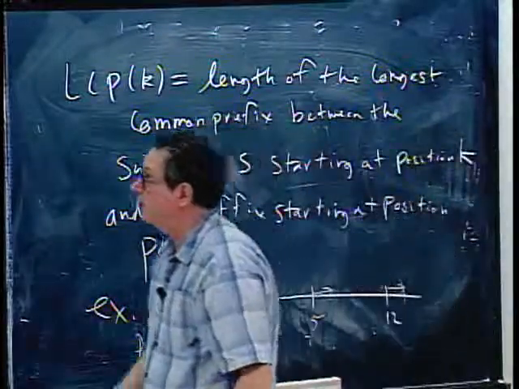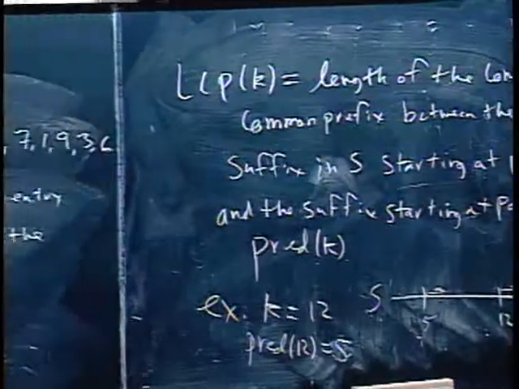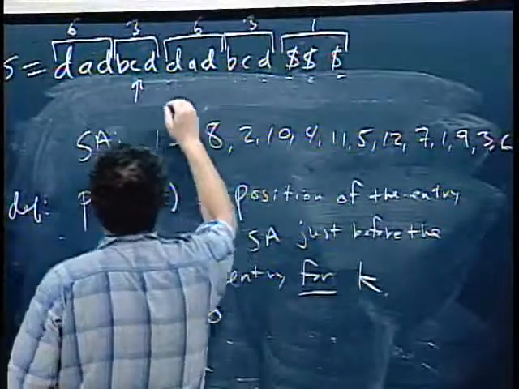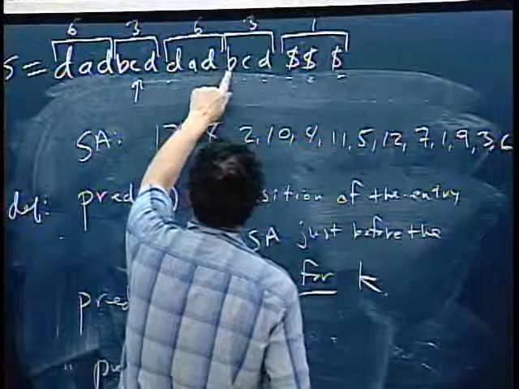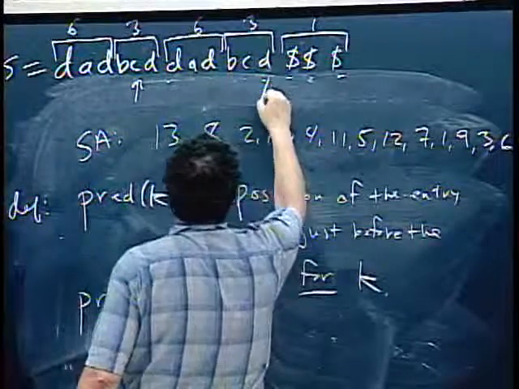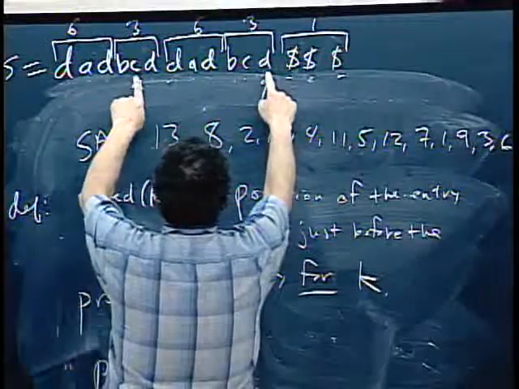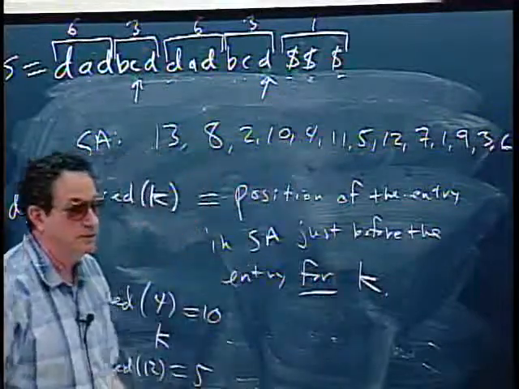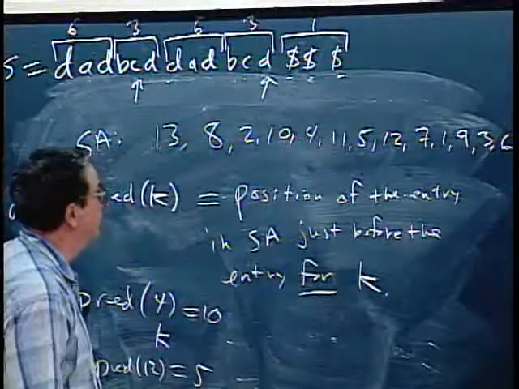So if you go back over to the string and look at position 5, 1, 2, 3, 4, 5, 6, 7, 8, 9, 10, 11, 12, well, they happen to be neighbors in the suffix array, but they're not terribly similar. They differ in the first character.